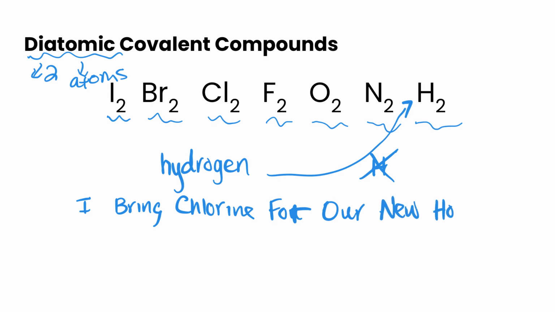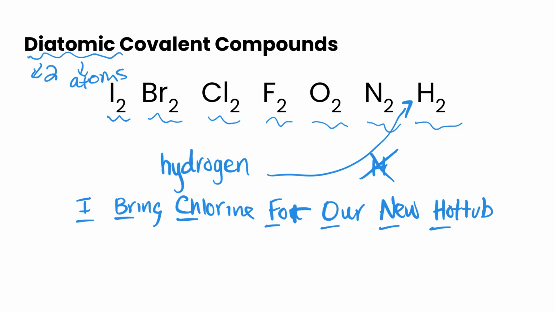That one's a good one to remember those. If you take the first letters of each of those, that gives you your elements that are all diatomic. So I is for iodine, Br is for bromine, Cl is for chlorine, F is for fluorine, and so on.